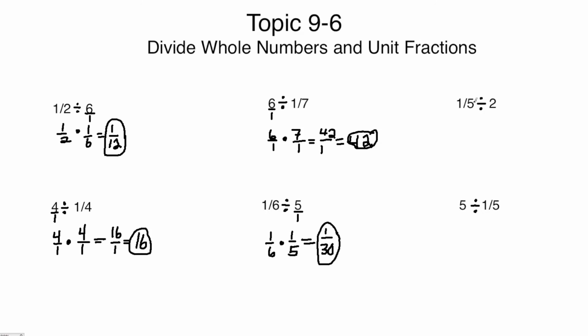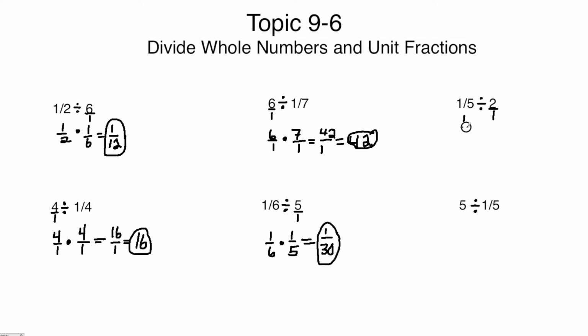Here we have a unit fraction divided by a whole number. Go ahead and push pause and see what quotient you come up with. All right, so first off, we have a unit fraction divided by a whole number. Your answer should always be a fraction.